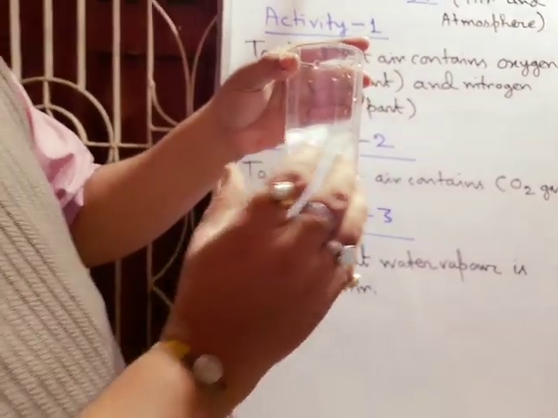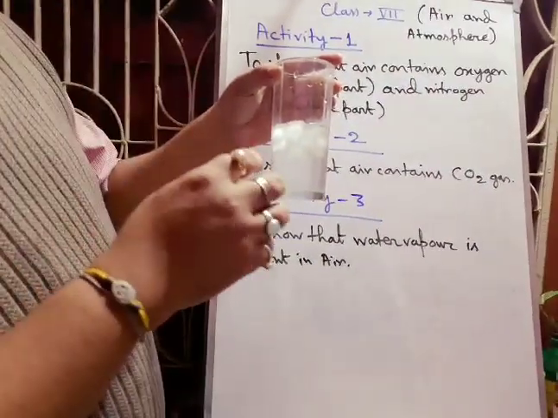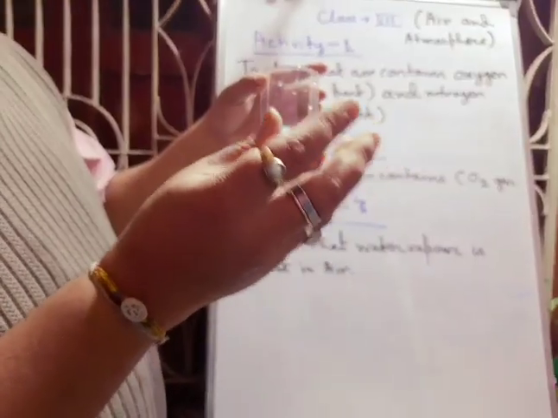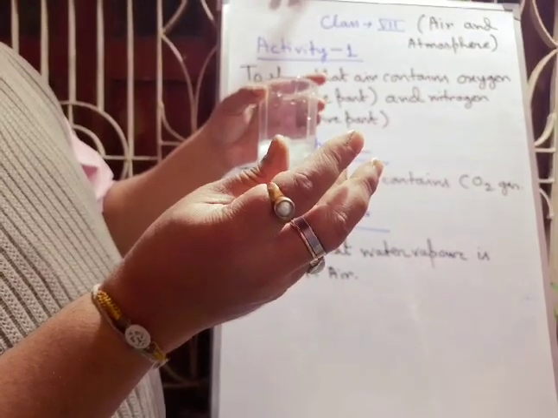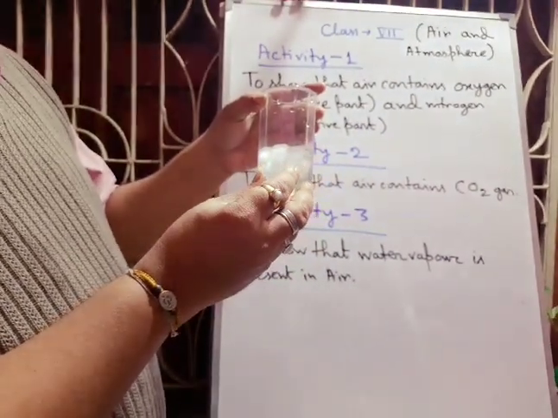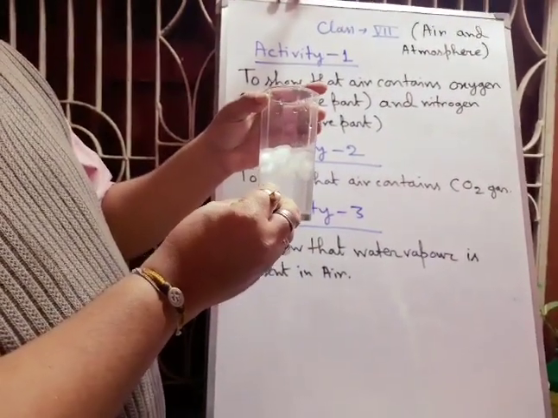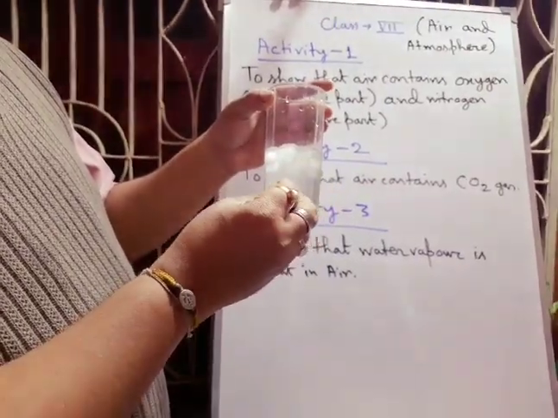Now outside becomes hazy. Okay, why? Because air contains water, that means moisture, water vapor. When it comes in contact with this cold glass, it will condense.